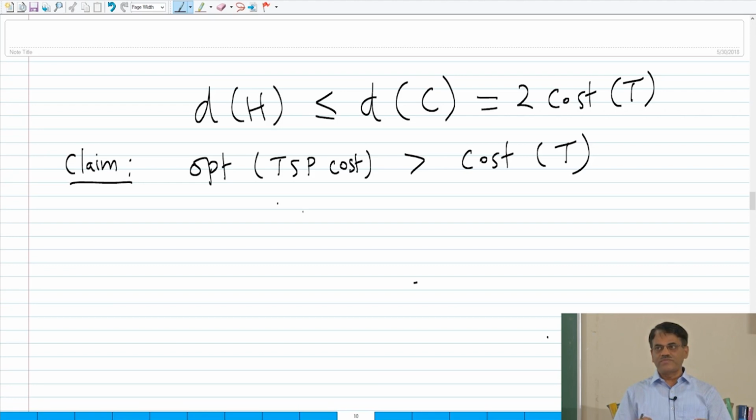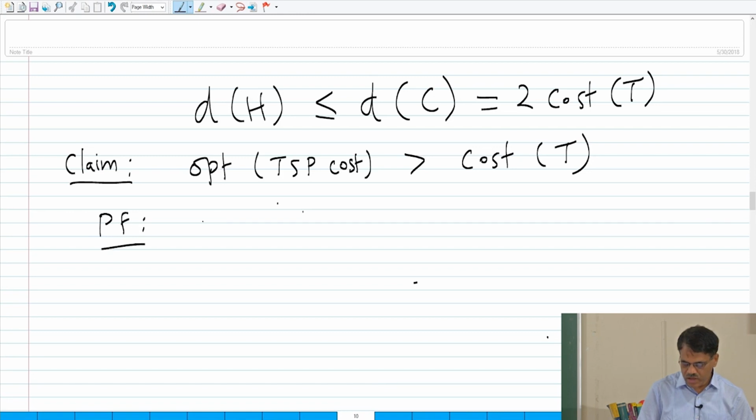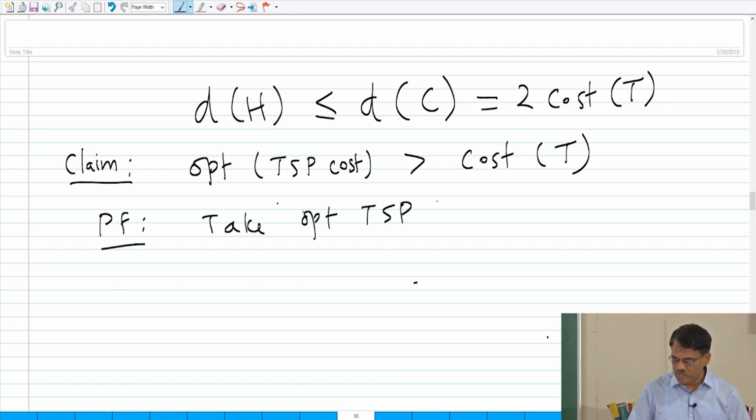Take your optimum TSP tour, remove one edge. What do you get? You get a path. That path is a tree, it is a spanning tree. So, its cost is less than the optimum TSP cost. So, the minimum spanning tree cost will be even less than that. So, proof: take the optimum TSP tour. How do I take the TSP tour?